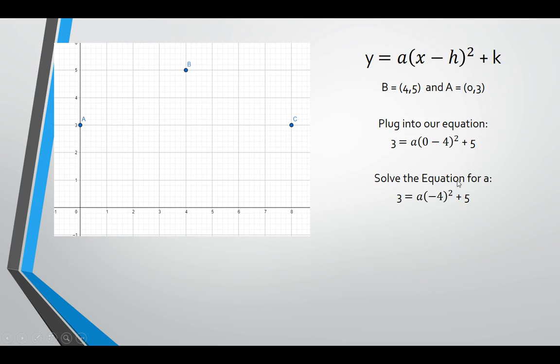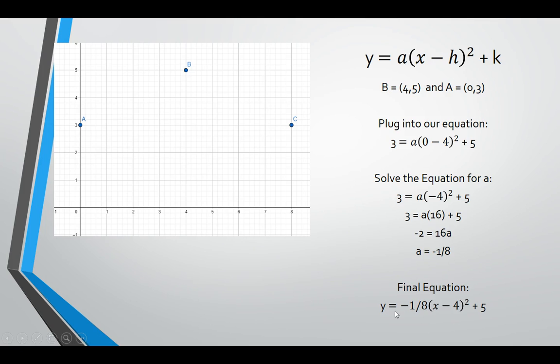So now we're going to solve for a, and if we simplify it down, you get negative 4 squared. This just turns into 16. You subtract 5 from both sides, you get negative 2 equals 16a, and you're left with a equals negative 1/8. And remember, you're not done when you get to a. You need to make sure you enter it into your final equation, which for us turns into this.